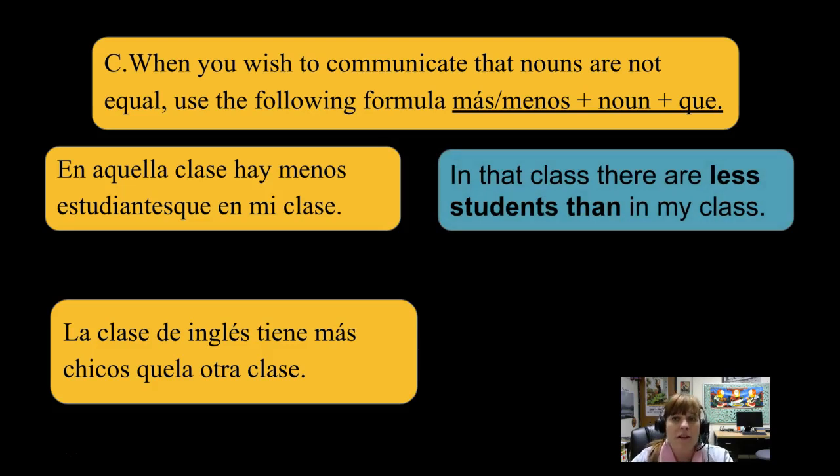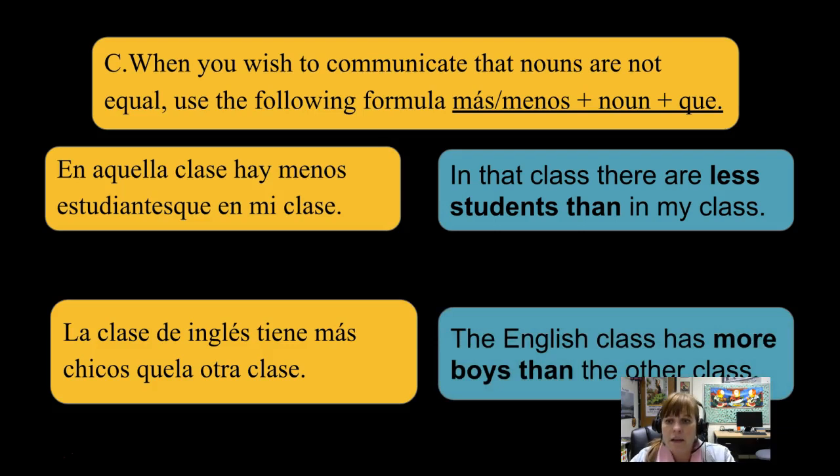So you can do the same formula when the noun comes afterwards. Right now you're putting the noun in between más and que. So menos estudiantes que. Más gatos que. Más clases que. More classes than. La clase de inglés tiene más chicos que la otra clase. The English class has more boys than the other class.